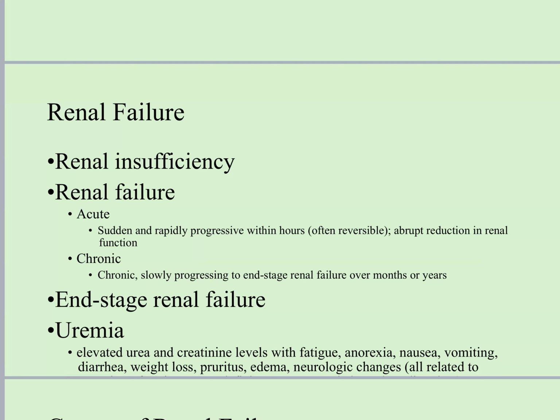It's not a sudden process. The sad part of that is that usually by the time they reach that point, there's not much else to be done. To be honest with you, when you see people with chronic renal failure, I've seen them go to different providers and even kidney specialists. There's not much they'll really do once they're at a certain point.